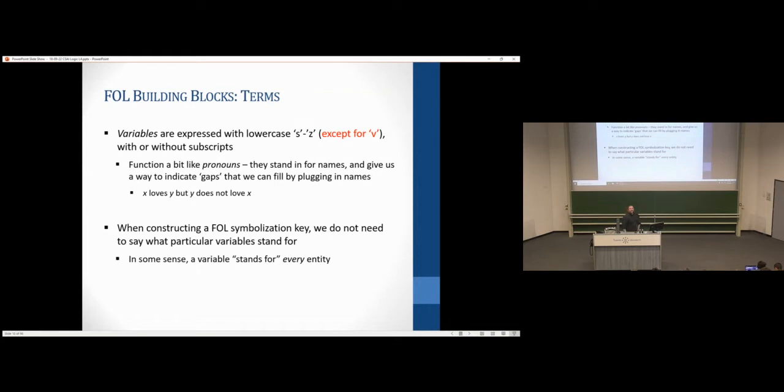We might want to say X loves Y, but Y doesn't love X. So we have the variables X and Y because we're saying, hey, you should plug the same object in for X here, and potentially a different object for Y here and here, but they need to be the same for both instances.